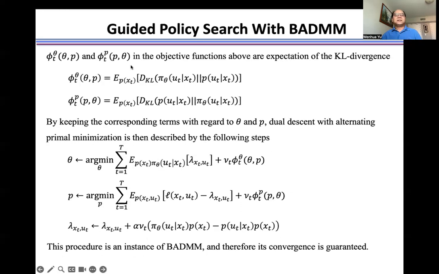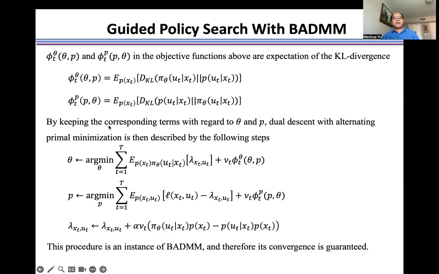And for the objective functions, the two functions phi, one is related to the network policy parameters, another one is the controller. So they can be expressed as the expectation of this policy and this controller.